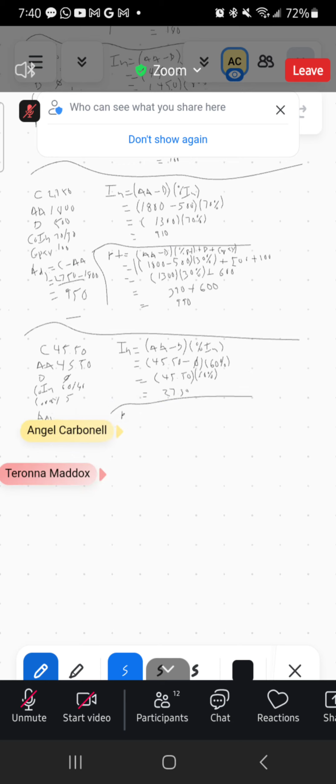The patient will pay the allowed amount minus deductible times the percentage for the patient, all of that plus deductible plus copay.